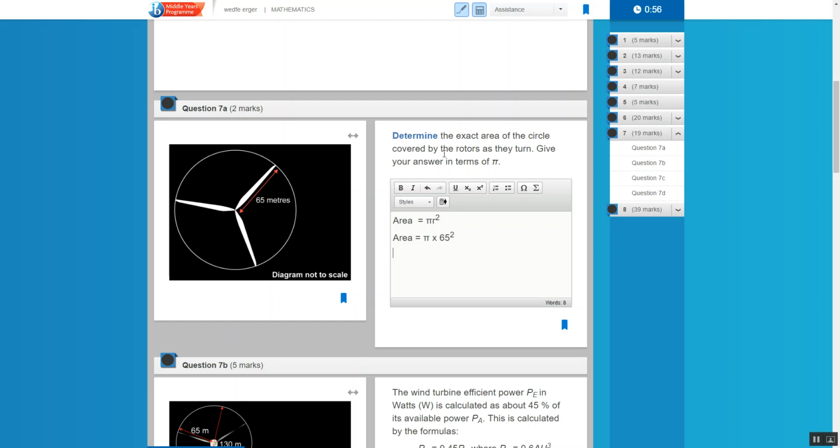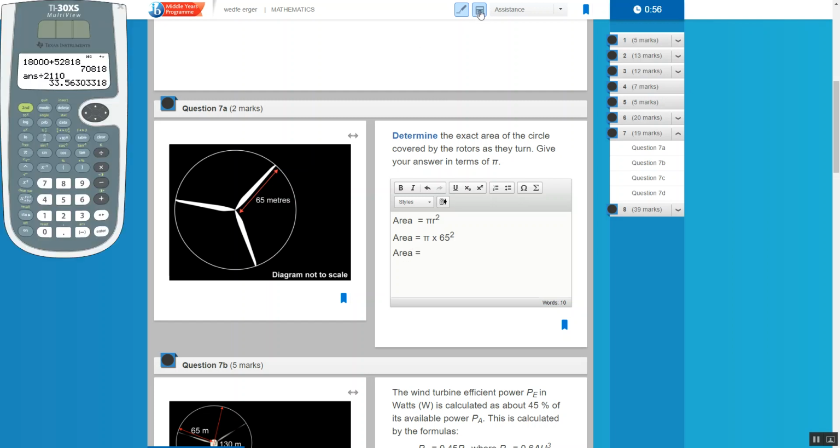We can put that in, and that gives us 4,225. And then don't forget your pi. It has to be in terms of pi.